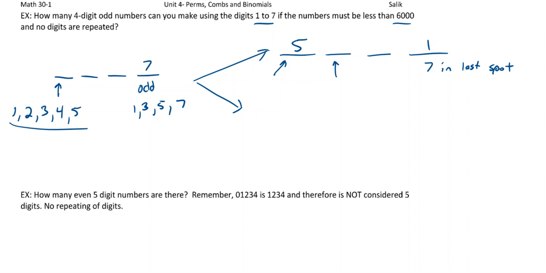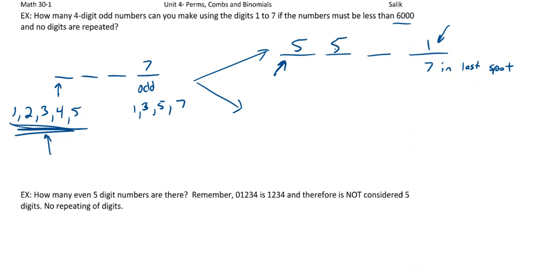These ones were restricted to the numbers 1 to 5. This next spot could be the numbers 1 to 7, but not completely. I've already chosen the 7 to go in there, and I've chosen one of these numbers to go in there. So I've only got 5 left for that spot.